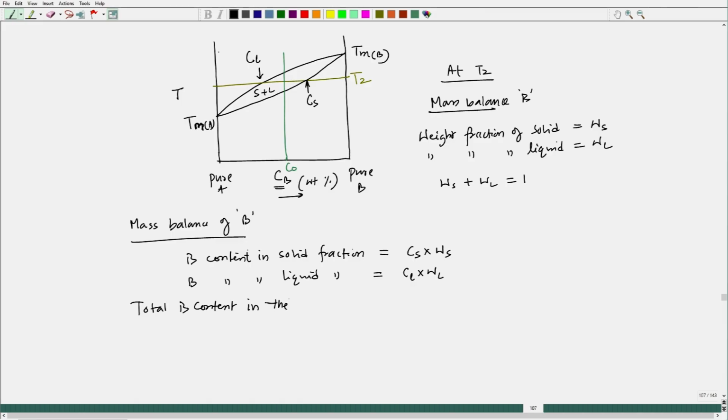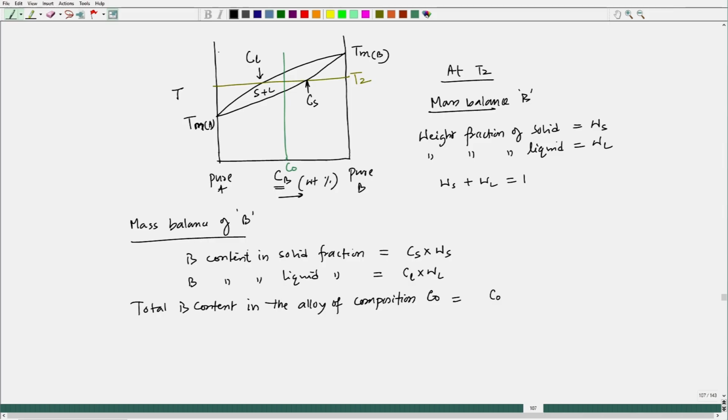And the total B content in the initial alloy of composition C naught is nothing but C naught, the total B content. The total B content should be the same because we are not adding any B from outside.